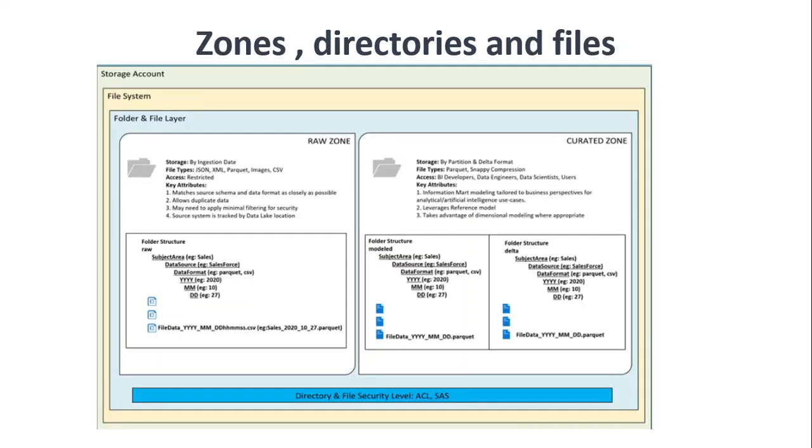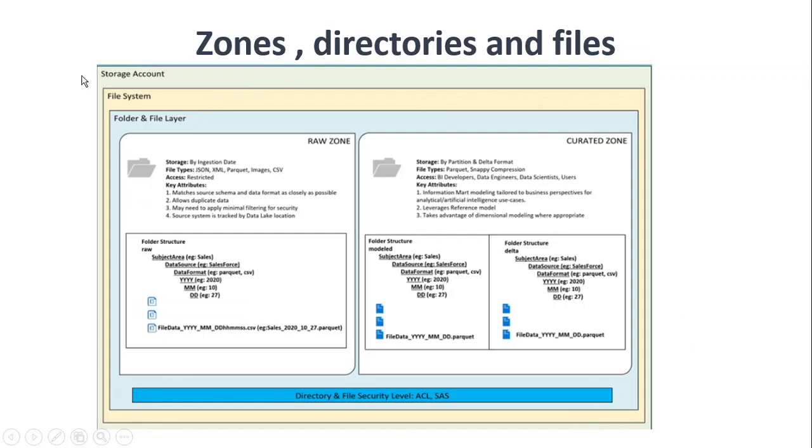The next thing is zone, directories and files. Zone is the root level of the folder hierarchy, and after that we'll have various directories depending on the source of the data, data type, partitioning and all those factors. This picture gives you a very clear understanding.